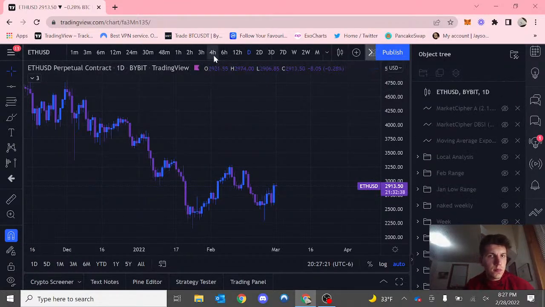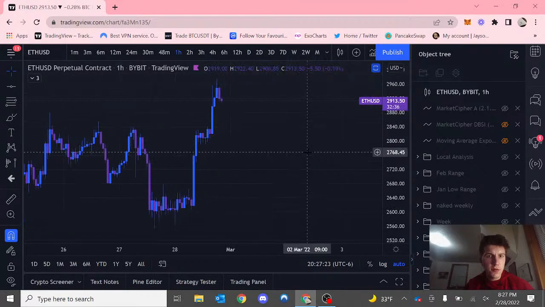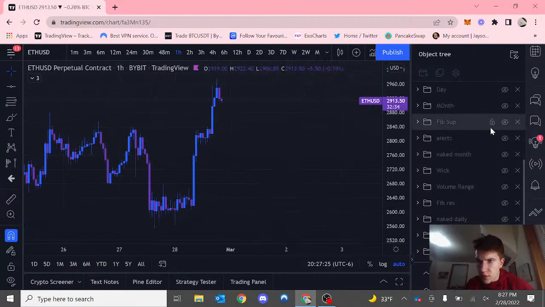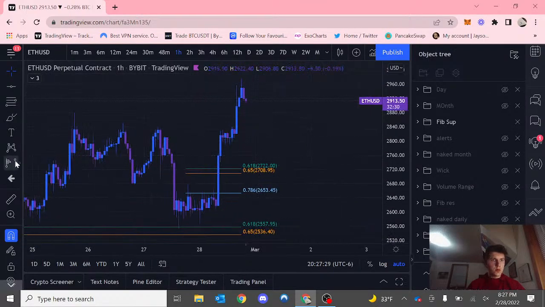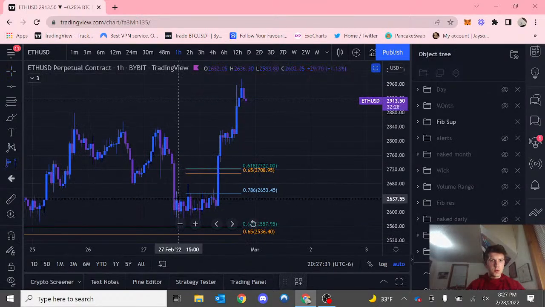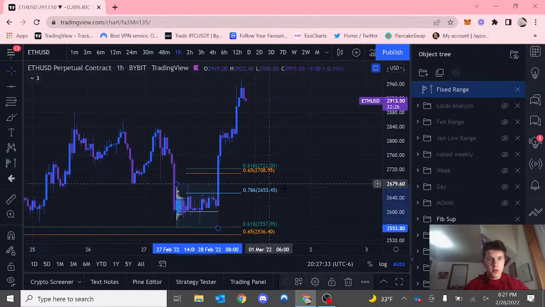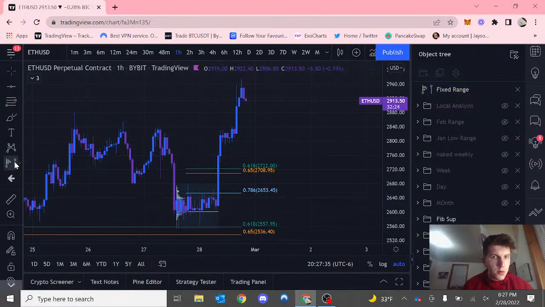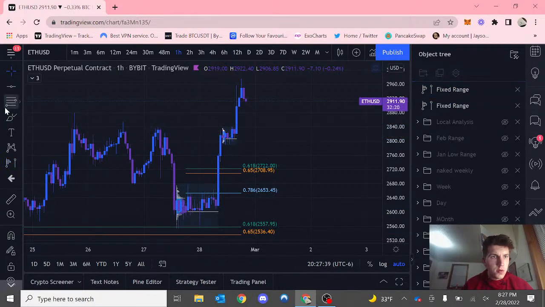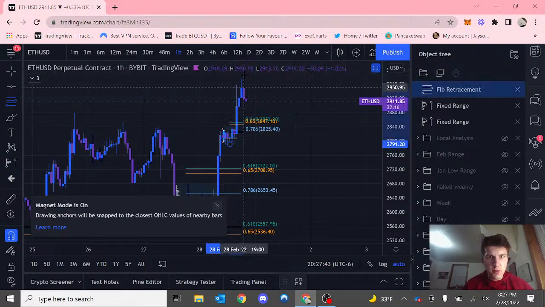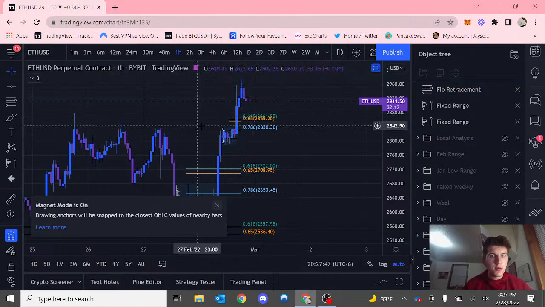I'll do some local analysis on it too. So we have a range down here. This range, can probably draw a fib from the swing low to the swing high.